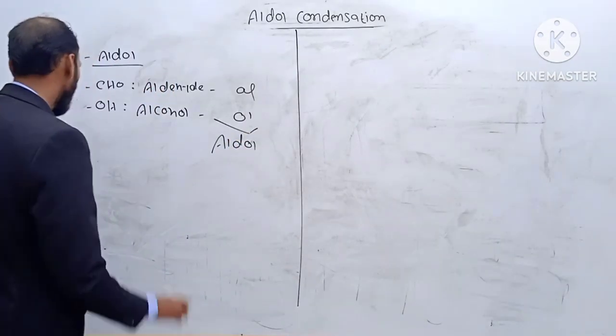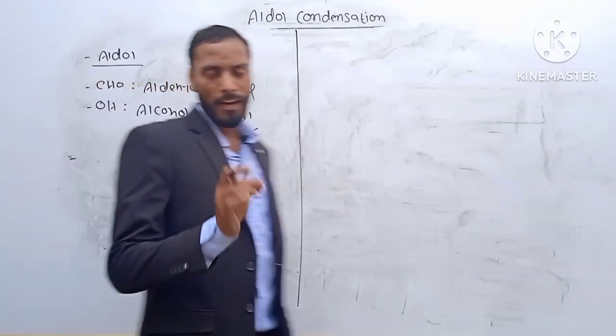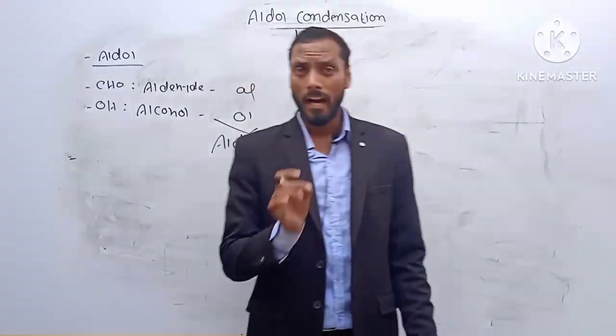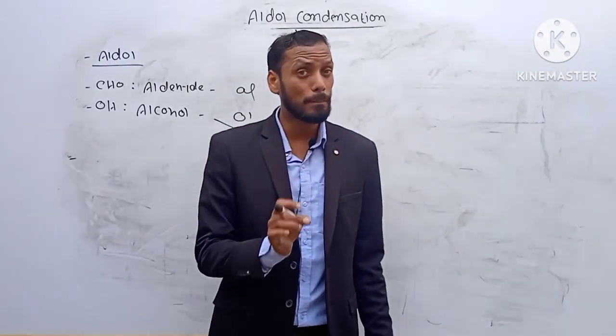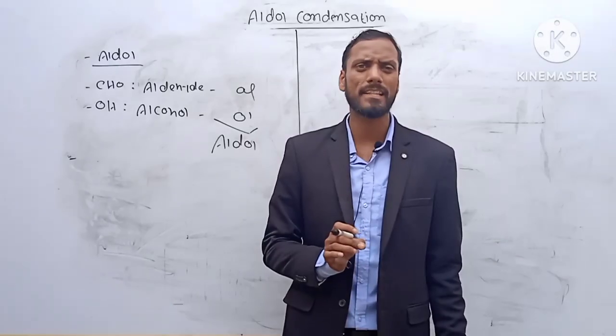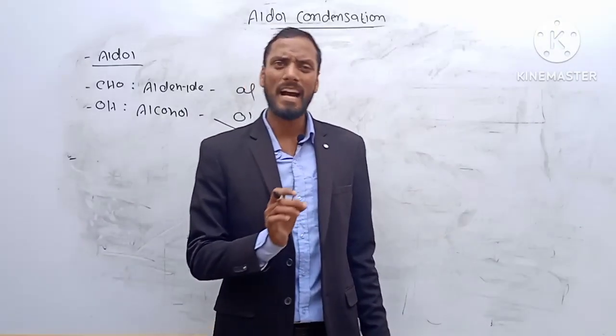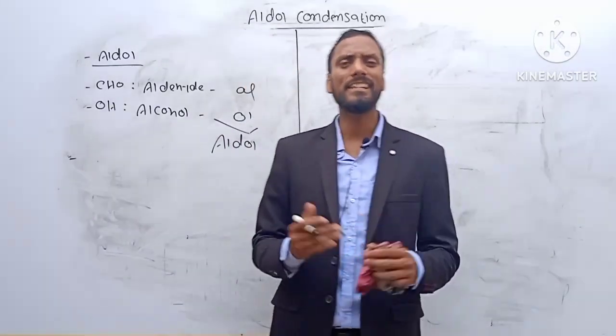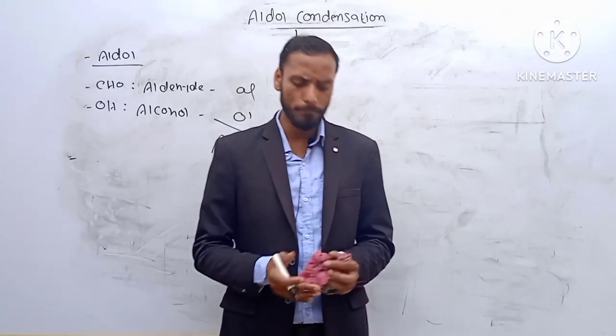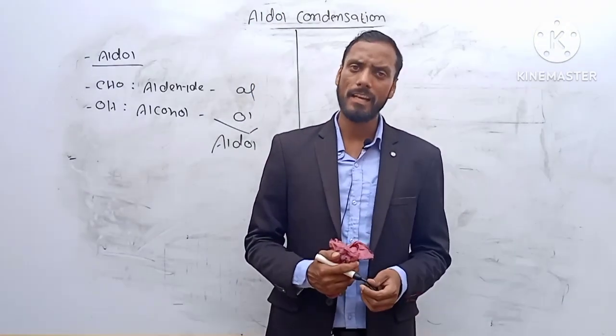Here we can say an aldehyde having alpha H is treated with a base like NaOH or KOH. It forms beta hydroxy aldehyde, and later it loses a water molecule and forms alpha beta unsaturated aldehyde.